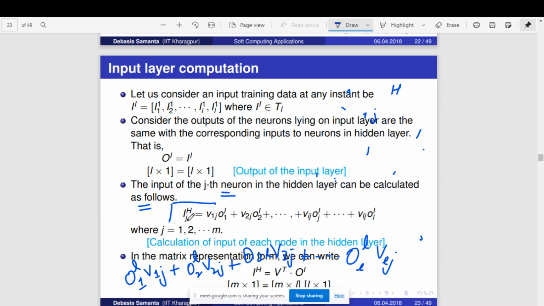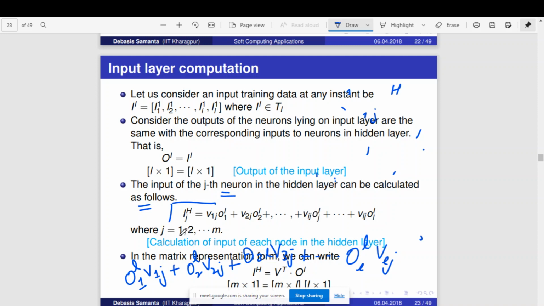The input for the jth neuron in the hidden layer is nothing but V1J O1L plus V2J O2L, so on and so forth, up to VLJ OLL. Like that we can calculate for the jth neuron, and for all the neurons of the hidden layer.